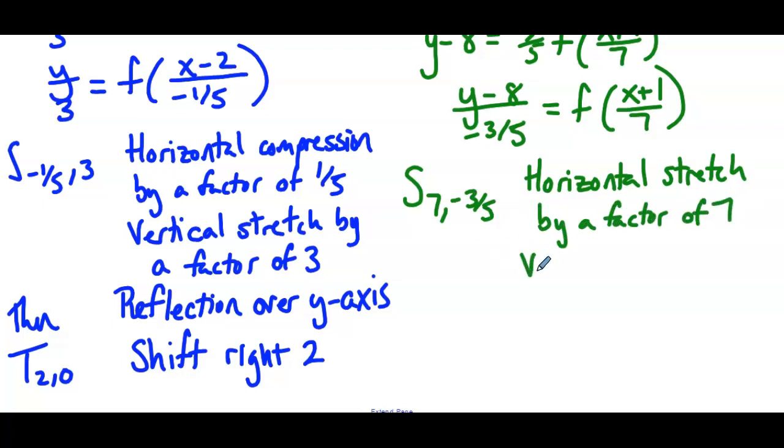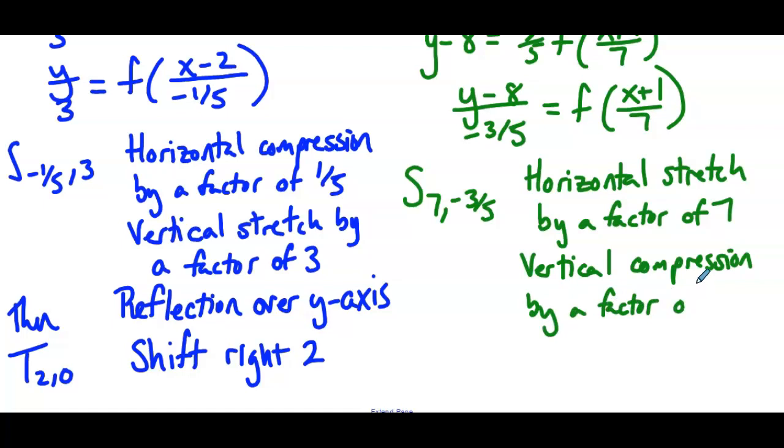Then we have a vertical compression by a factor of 3/5. We're negating the y value, so that's going to be a reflection over the x-axis.